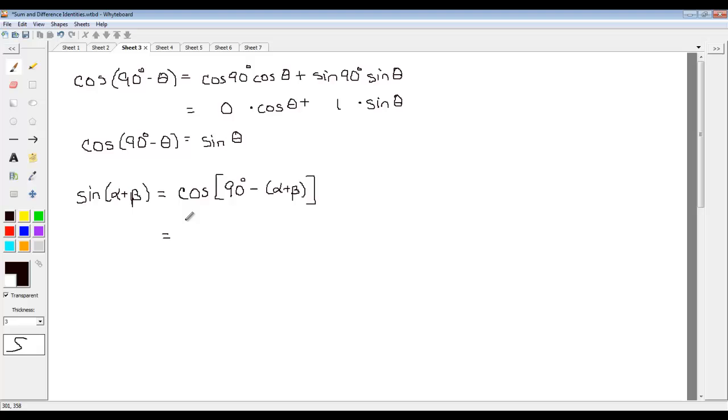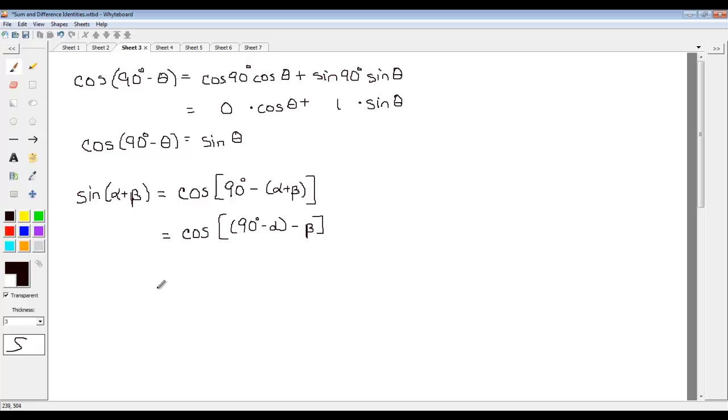Let's rewrite that a little bit as cosine of 90 degrees minus alpha and then minus beta, because we had the 90 degrees minus theta up here. That was 90 degrees minus alpha.